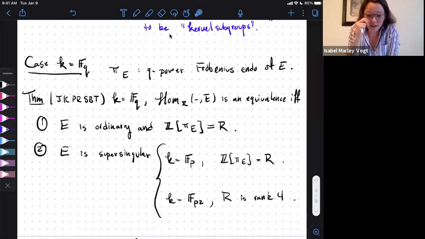They work out what the characteristic polynomials of Frobenius are for these supersingular elliptic curves over prime fields, and they show that in all but one case, I believe, there's one possibility for what it looks like when it's not equal to R, and in the other cases it's equal. Does that answer your question?